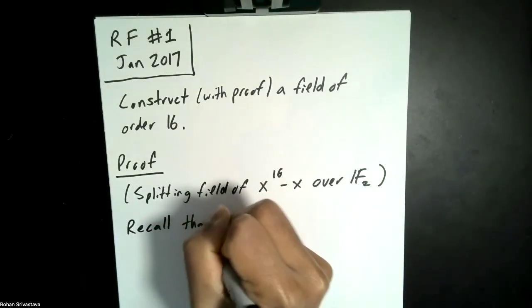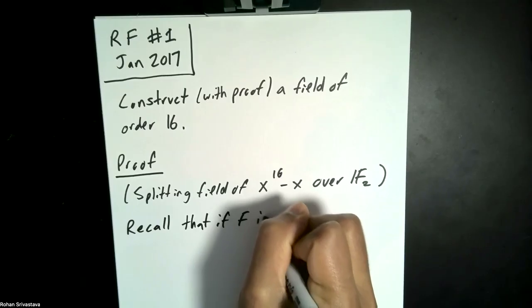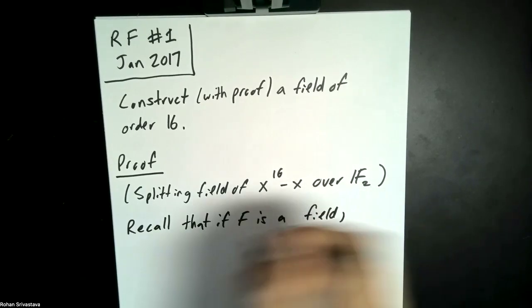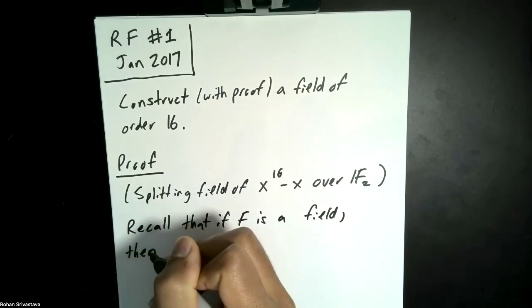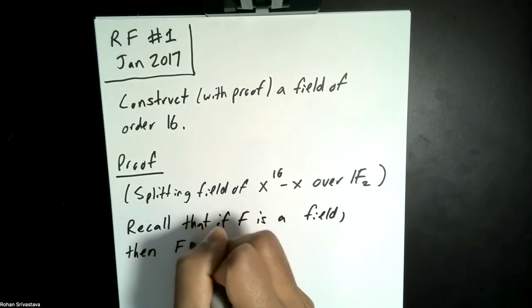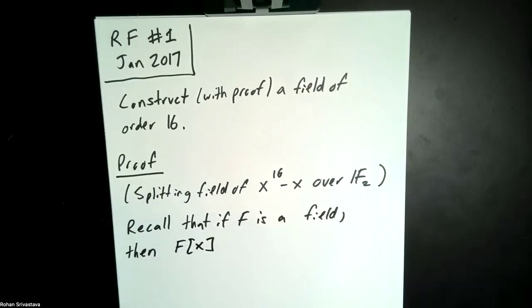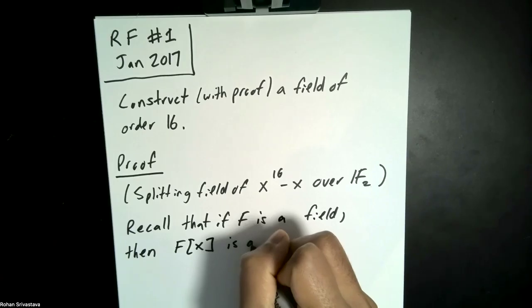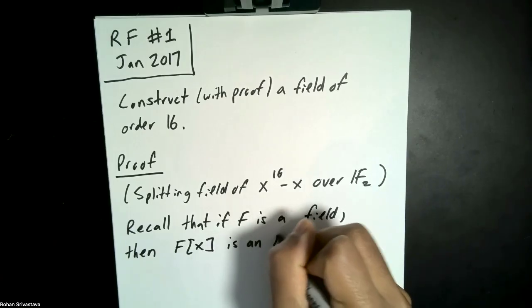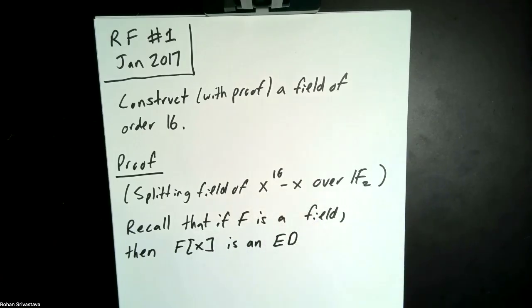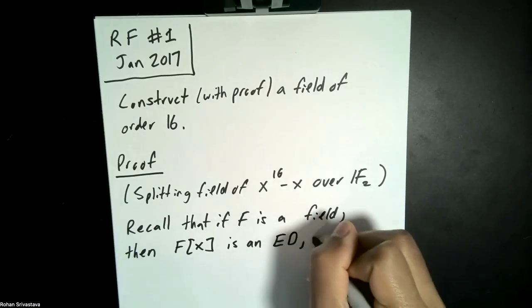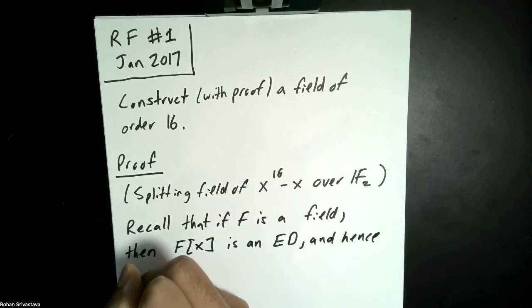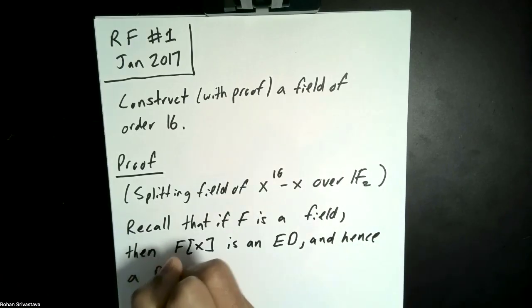First, recall that if F is a field, then the ring of polynomials with coefficients in F is a Euclidean domain, and Euclidean domains are principal ideal domains.